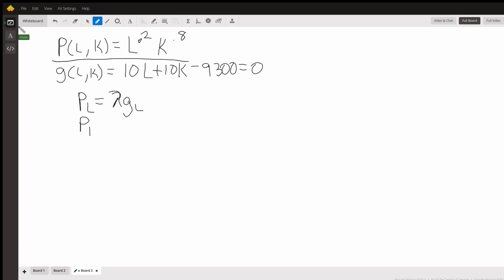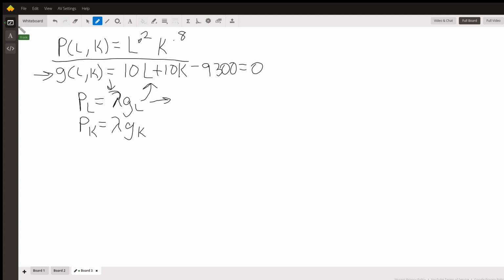And then take P_K, the production function derivative with respect to K, and set it equal to lambda times the derivative of G with respect to K. Then you'll use those to solve for lambda, and then solve for L or K and plug that back into the constraint to find L and K. So P_L equals lambda times G_L, and P_K equals lambda times G_K, the constraint function with respect to K.